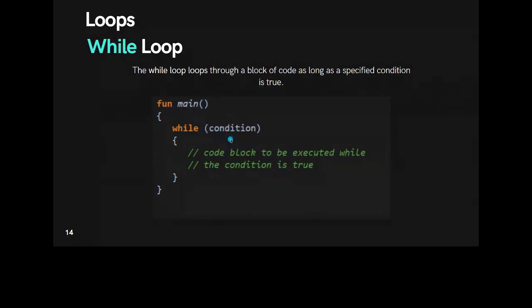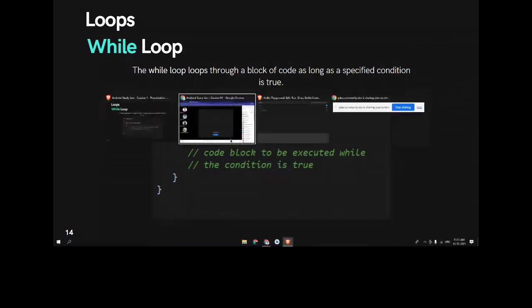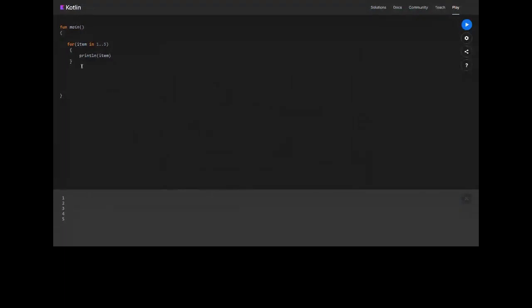So this is the basic of a while statement in any programming language, and I'm going to do a very simple program here. Let's declare a variable I of integer type which has a value of 5.